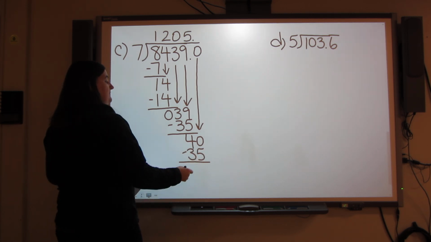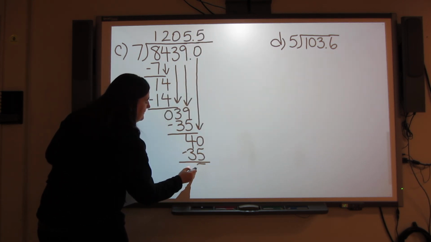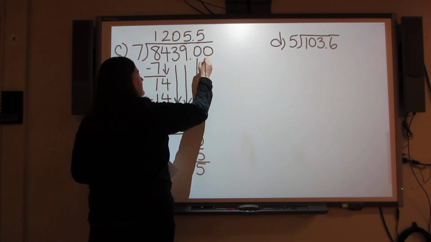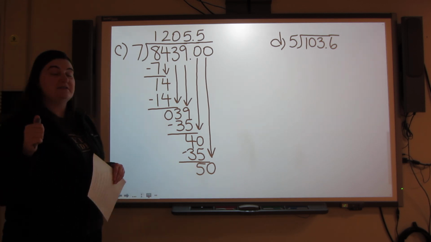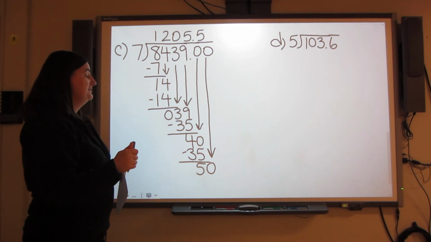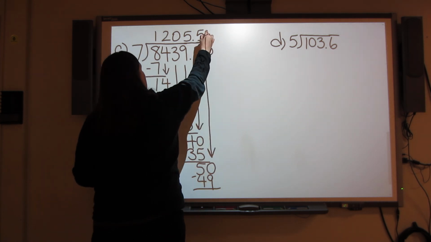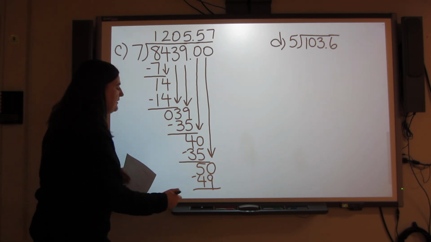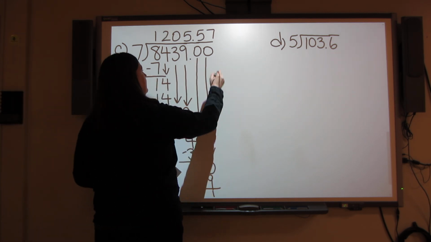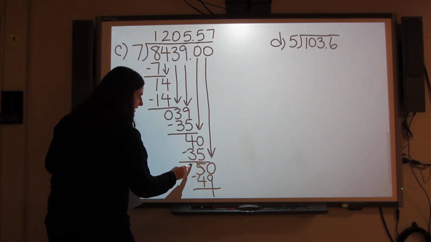And what do I have left over? I'm still going to have to put a 5 up here for my answer. And now I've got 5 left over. So I can drop another 0. And now I've got 50. Now the closest thing to 50, look down your 7s, is 49. 7 times 7 is 49. And so I've got 1 left over. Don't forget to borrow, right? You can't actually take the 9 away from the 5, so that's really a 4.